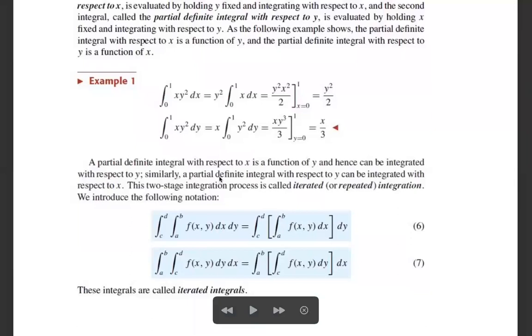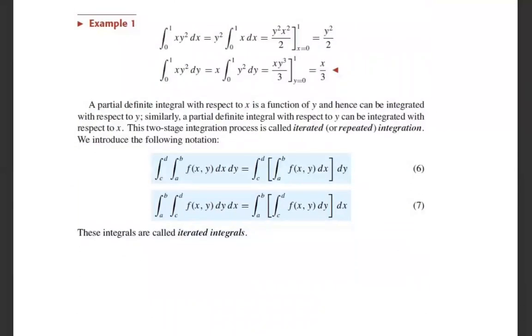So this two-stage integration process is called iterated or repeated integration. Now we introduce the following notation: integral from c to d, a to b, f of x, y, dx, dy. That means we'll integrate the function f of x, y with respect to x first.